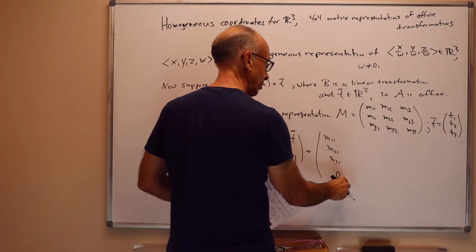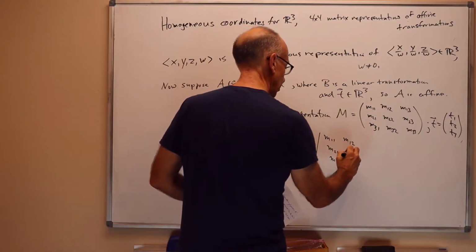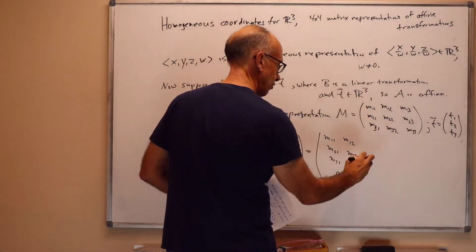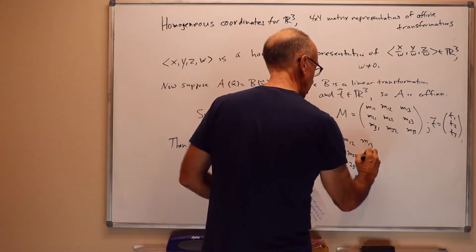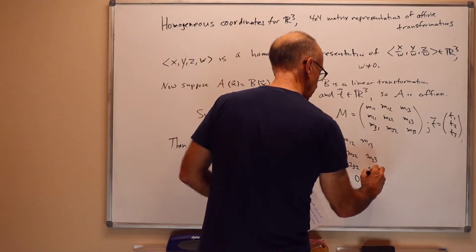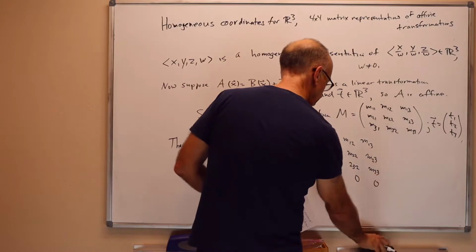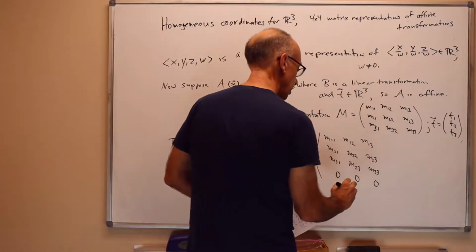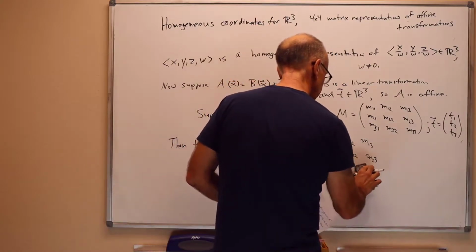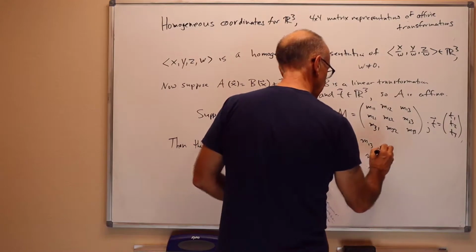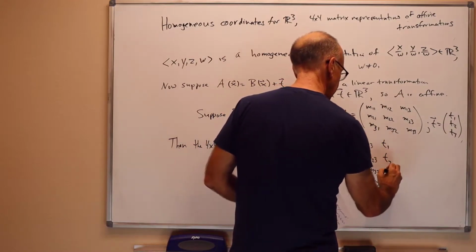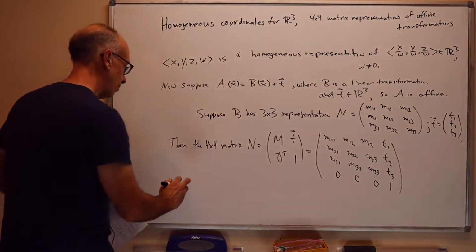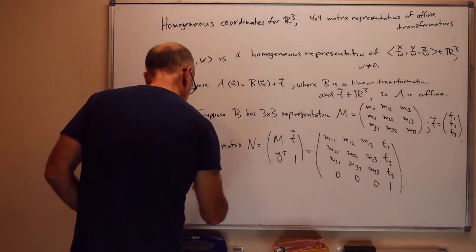That's the first column of M with a 0 at the bottom. M12, M22, M32, 0. Second column of M with a 0 at the bottom. And M13, M23, M33, third column with a 0 at the bottom. And then the final column is t1, t2, t3, and a 1 at the bottom. Then this represents the affine transformation A.